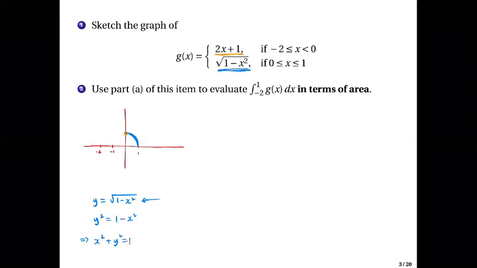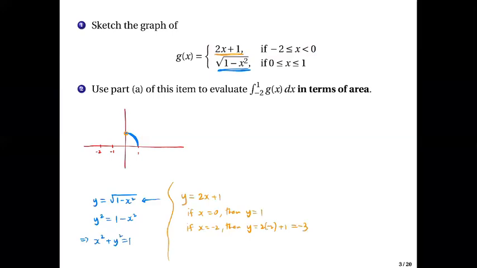When x equals -2, in here we are using y equals 2x plus 1. If x equals 0, then y equals 1. If x equals -2, then y equals 2 times -2 plus 1, which is equal to -3.